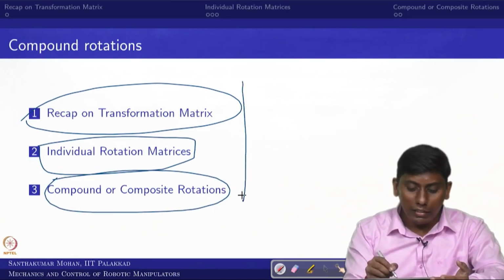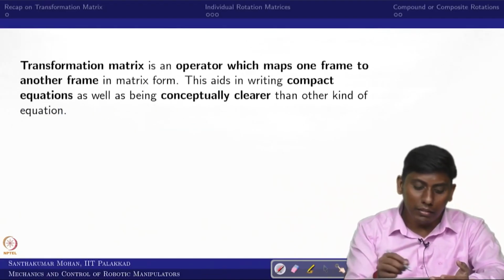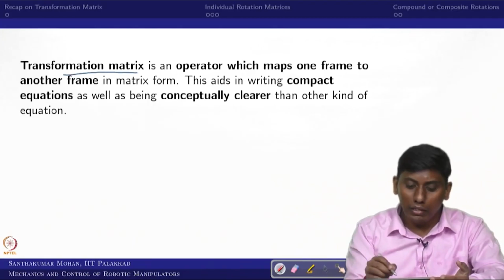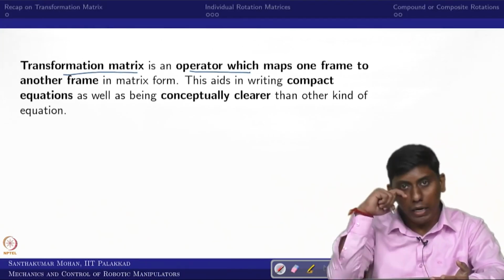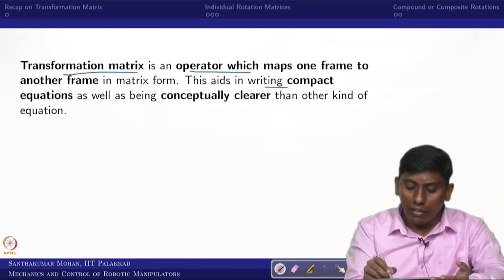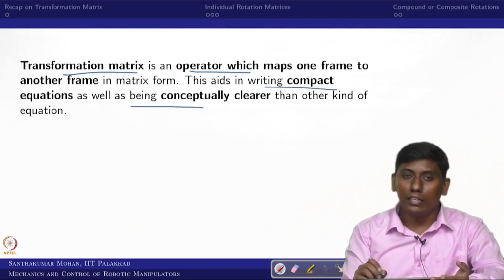So we will take the recap on the transformation matrix. We know the transformation matrix is an operator which maps one frame to another frame in a compact matrix form. This aids in writing a compact equation, and it is conceptually clearer than other kinds of equations.